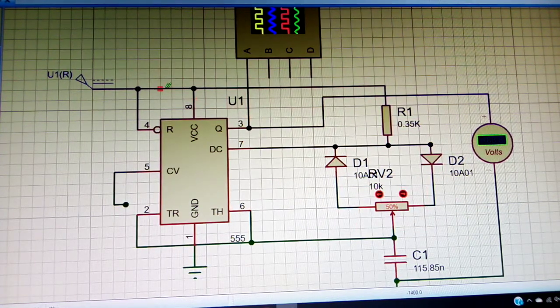This is only to energize my 555, and the capacitor and my ground will be connected with the ground.